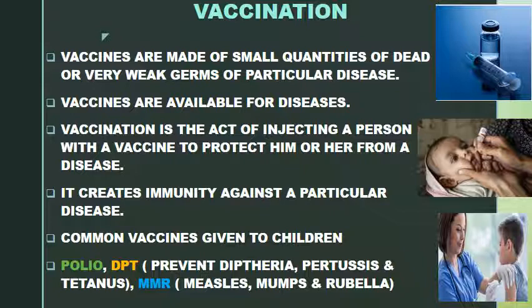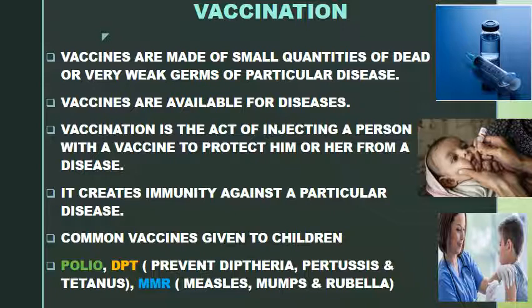Vaccines are made up of small quantities of dead or very weak germs of a particular disease. They are given orally or injected into the body. And this creates immunity against a particular disease. Many diseases such as hepatitis, tuberculosis, chickenpox, mumps, and tetanus can be controlled through vaccines.